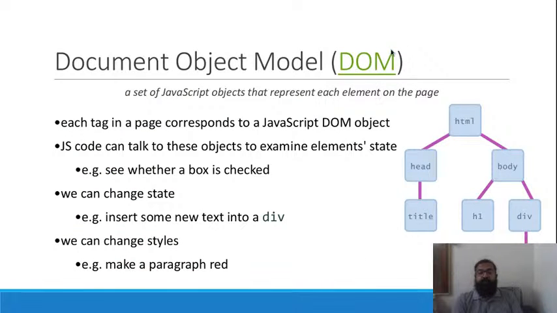If you look at the document object model, there's an image given on the right side. If you look at the entire HTML document as a whole, it is all put within the HTML tag, right?